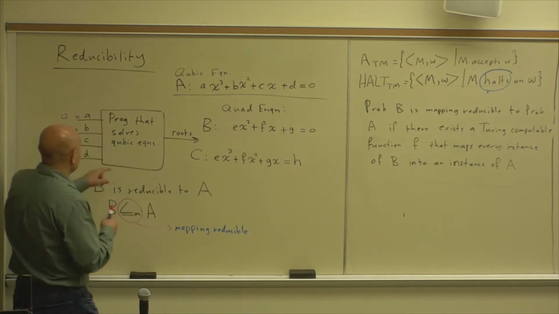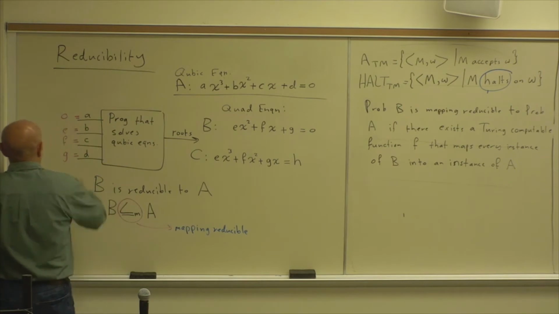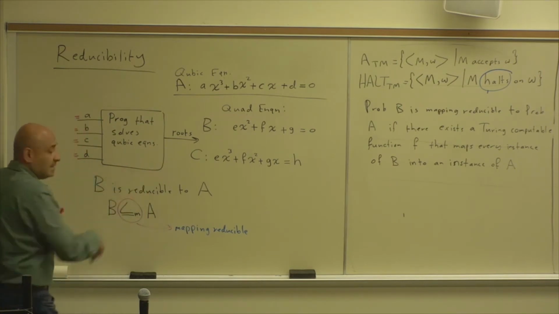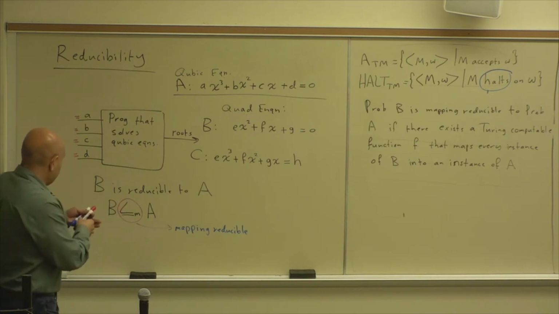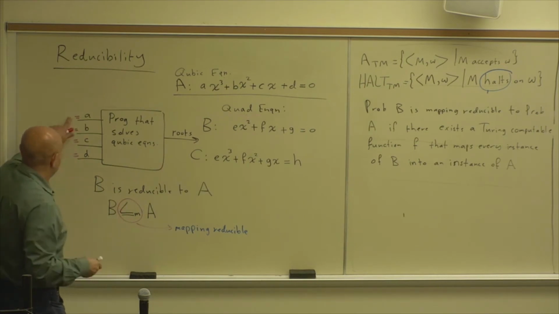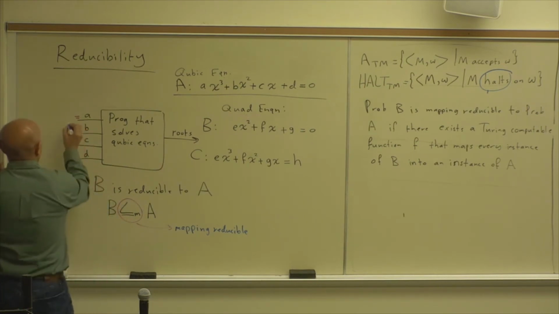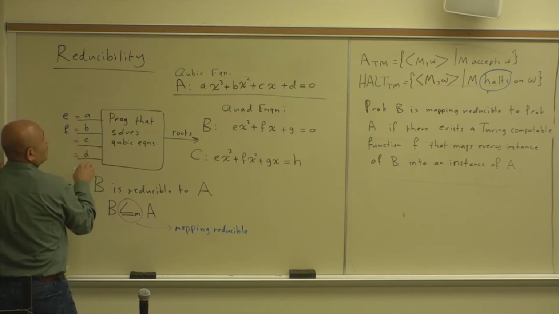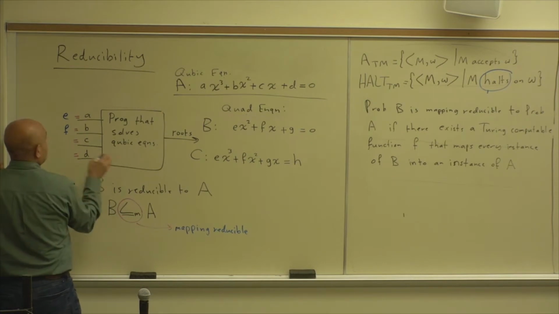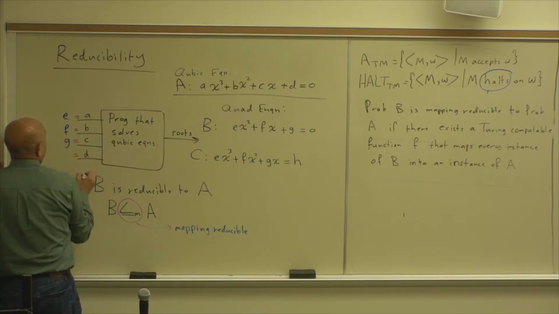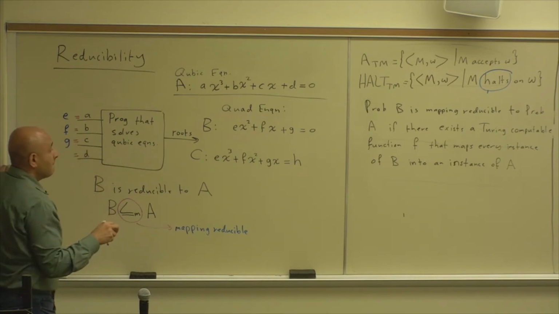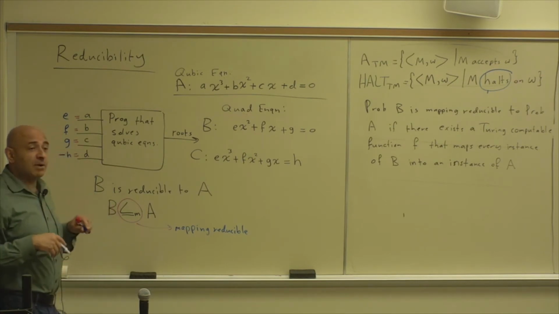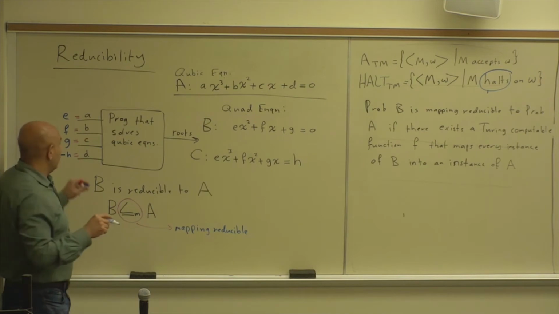Now, if I have a solver for A, I can use it to solve C by setting A to E and B to F, C to G, and D to negative H. So this is a very simple reduction.